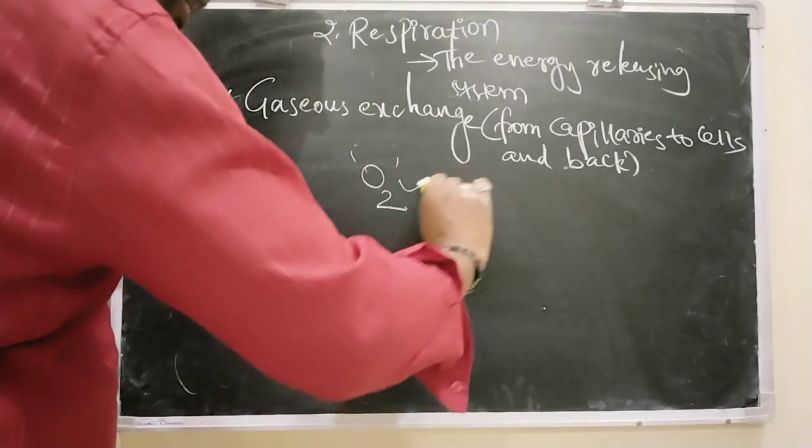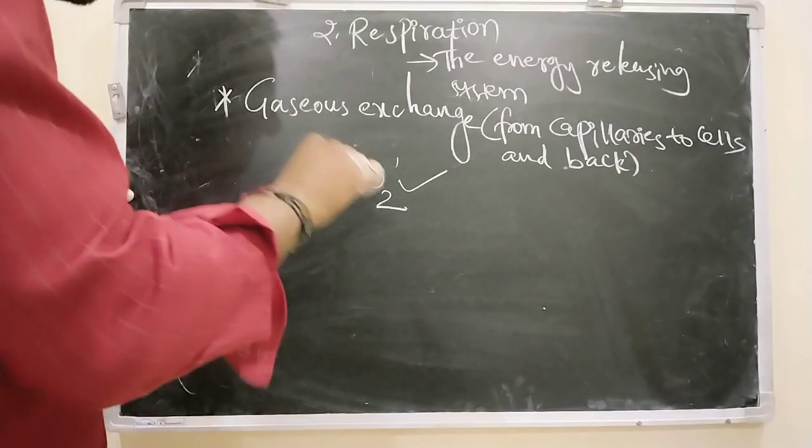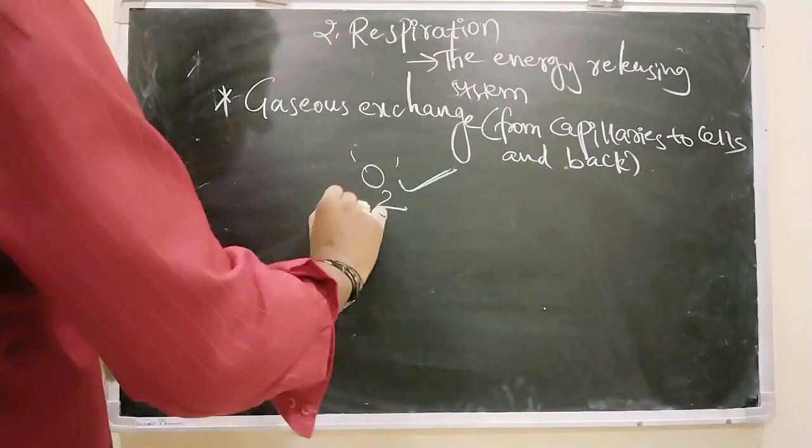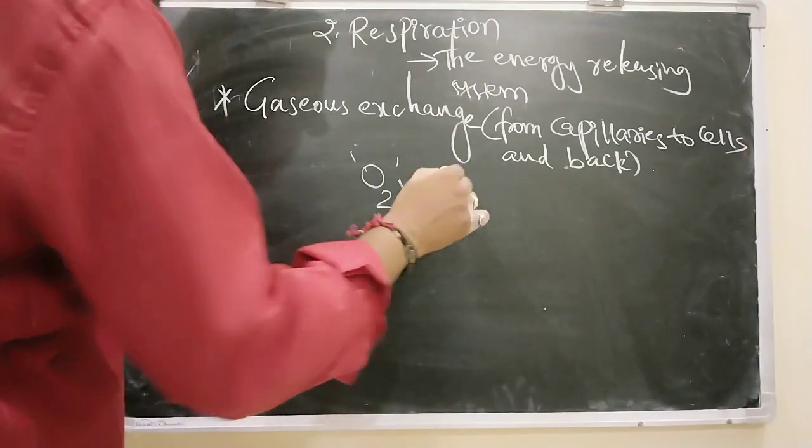When oxygen is continuously utilized, what is going to happen in cells? Oxygen is going to be exhausted, meaning oxygen is going to be low.